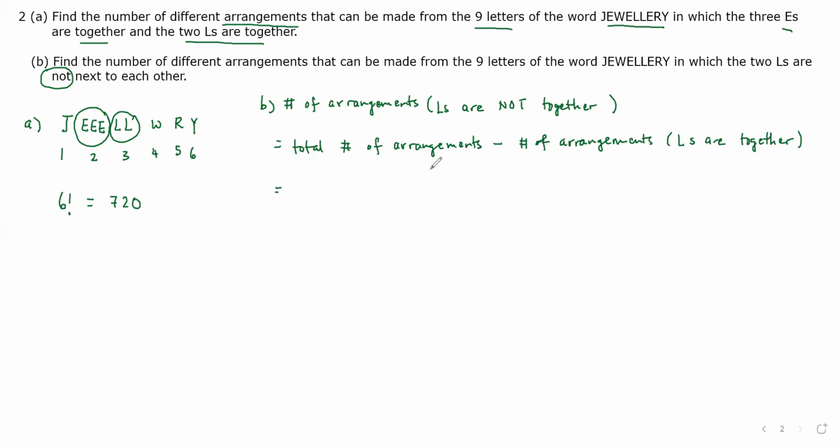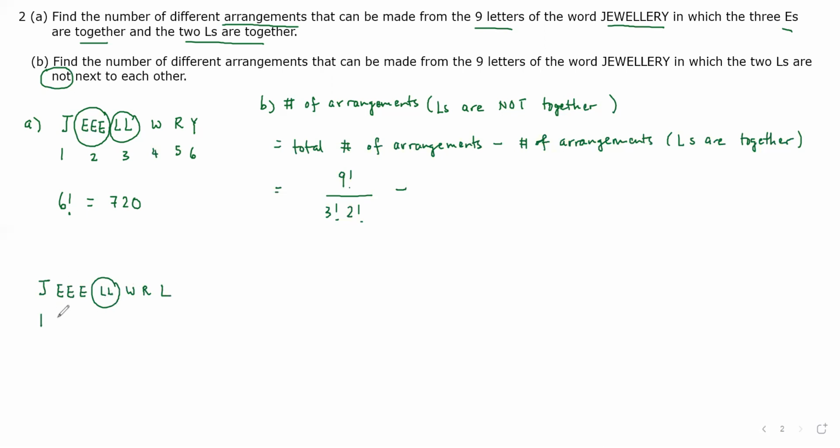Total number of arrangements. There are 9 letters in total, so we have 9 factorial. But we have repeated objects, 3 E's, so we divide by 3 factorial. 2 L's, we divide by 2 factorial. Now the number of arrangements where the L's are together. These 2 L's are now considered one object.